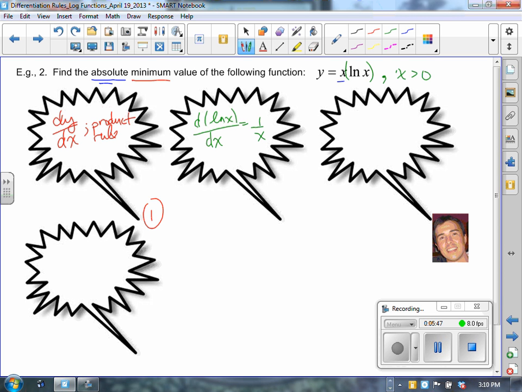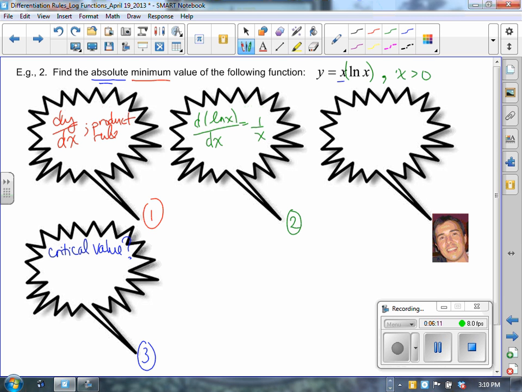So once we have that in place, you probably remember quite well that the next step in the process is then to search for critical values. Okay, in fact, we are looking for a critical value. What is that value going to be?